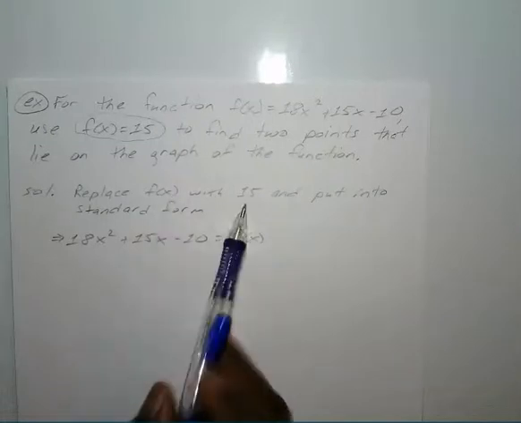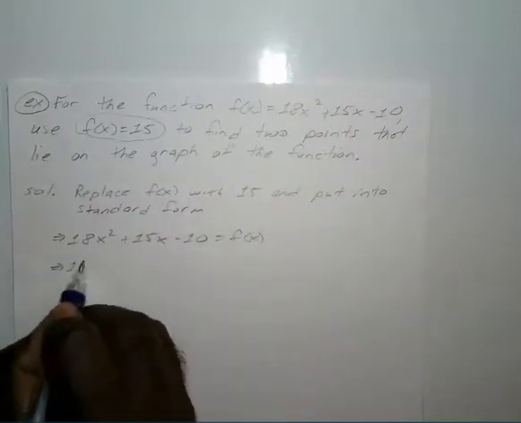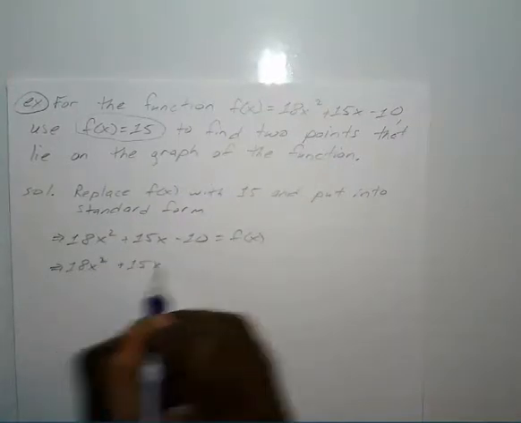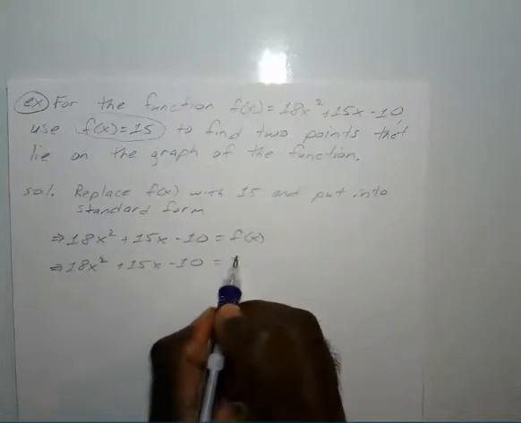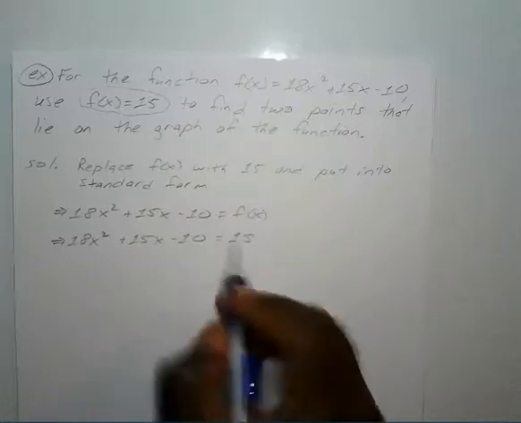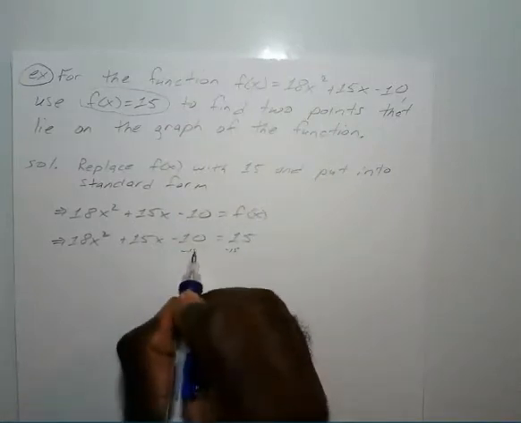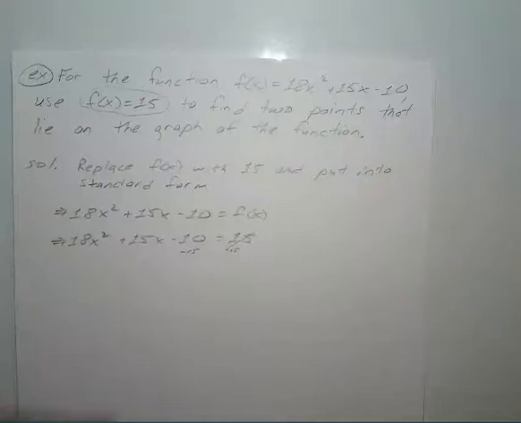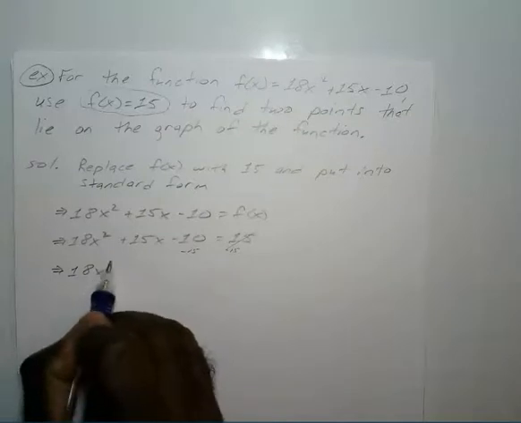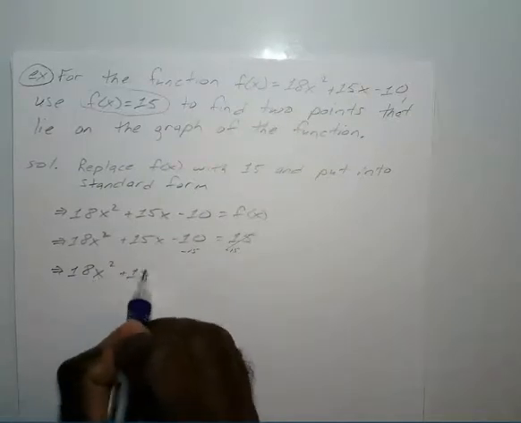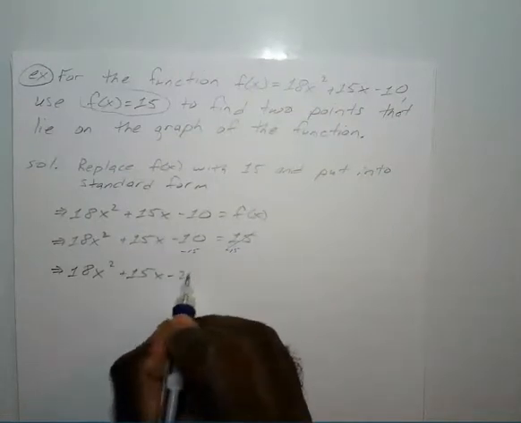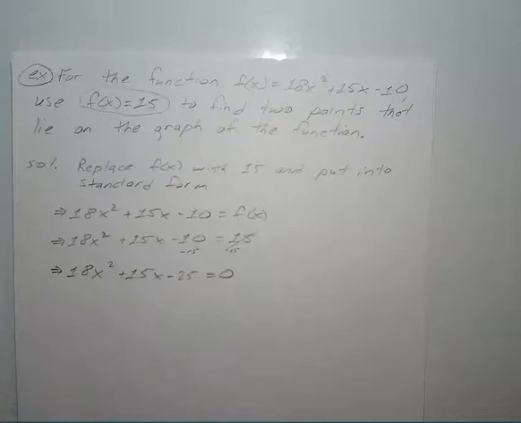So if we replace that with 15, we end up with 18x squared plus 15x minus 10 equals 15. If we subtract 15 from both sides, those two cancel out, and we end up with 18x squared plus 15x minus 10 minus 15, which gives us minus 25, equals 0.